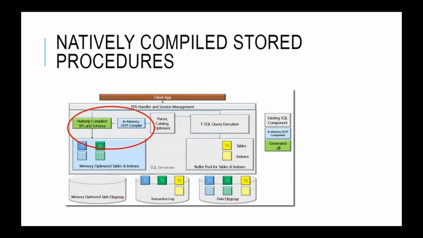The most important one is that the max DOP, the number of cores assigned to processing, will be limited to 1 core, meaning if you have 16 cores, you will not be using them if you go with the natively compiled stored procedures. So interop for the analytical queries, this is where you want to be, not in the natively compiled stored procedures.